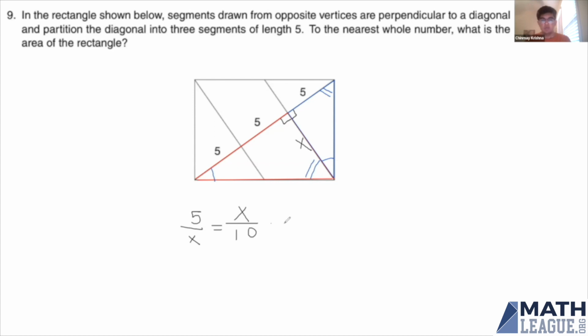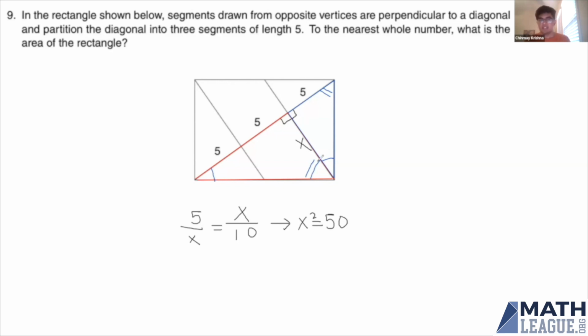So when we solve for x, we have that x squared is equal to 50, and so x would be 5 square root of 2.